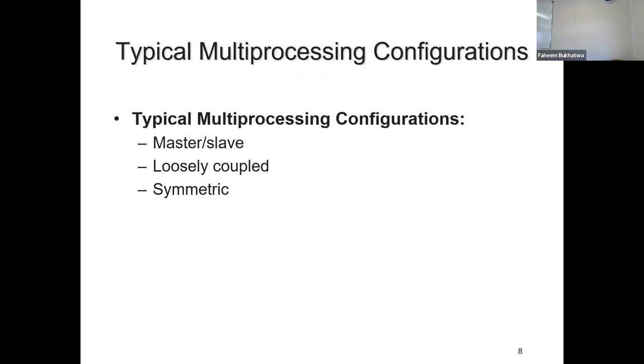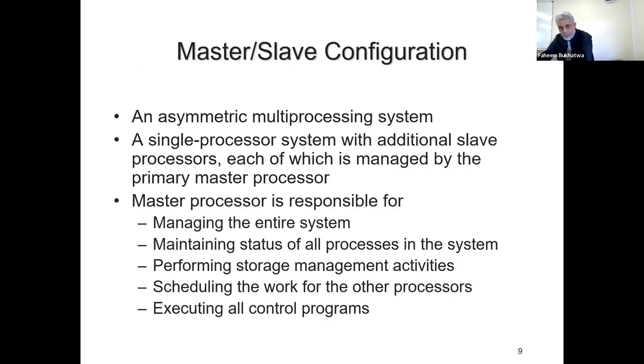Either master slave, where we have one CPU in charge and a few other CPUs that listen to the main CPU, or loosely coupled, or symmetric. Symmetric means they are equal. Each CPU has the same responsibility as the other CPUs.